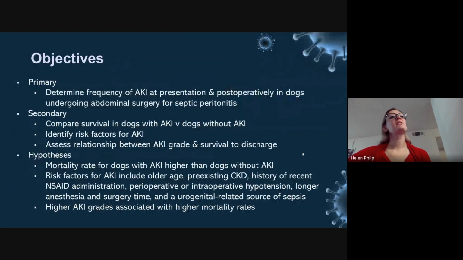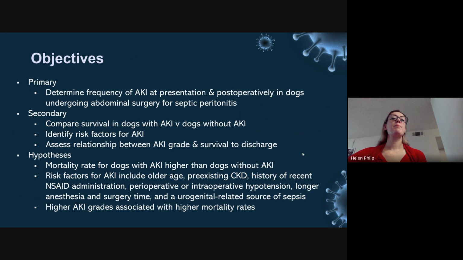In terms of objectives, the primary objective was to determine the frequency of AKI in dogs undergoing abdominal surgery for septic peritonitis. Secondary outcomes were survival in dogs with AKI versus those without, to try to identify risk factors for AKI, and to assess the relationship between AKI grade and survival to discharge.